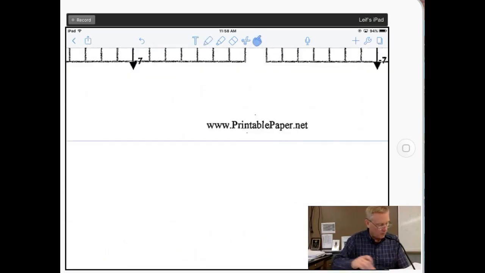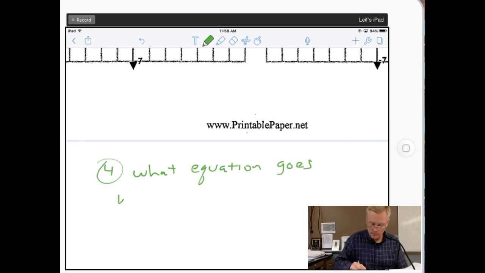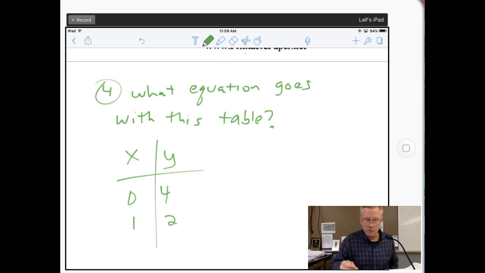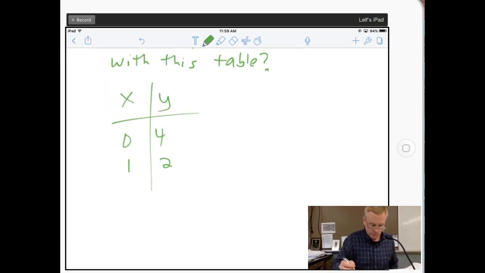All right, next one. What equation goes with this table? This is problem number 4. The table is x, y, and I have 0, 4, 1, 2, 2, 0, and 3, -2.